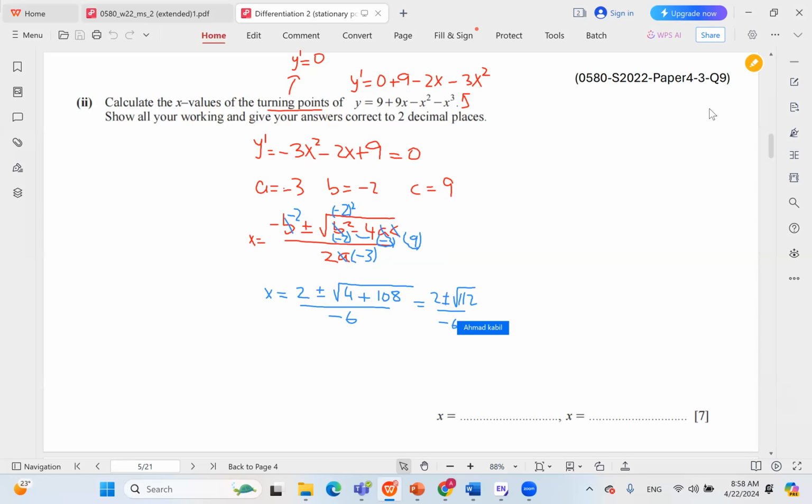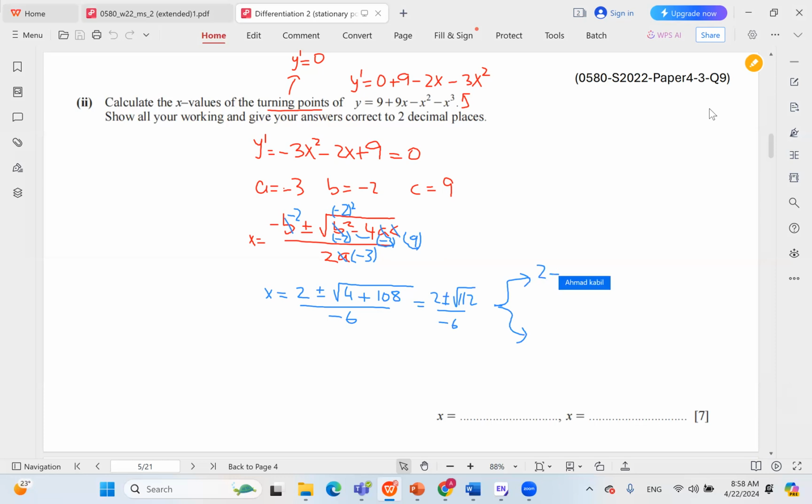They want the answer to 2 decimal places. So let's first evaluate root 112. This is equal to 10.583. So let's just split it into 2 equations now.